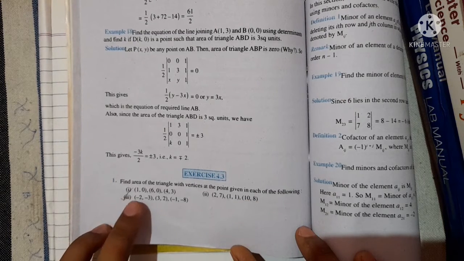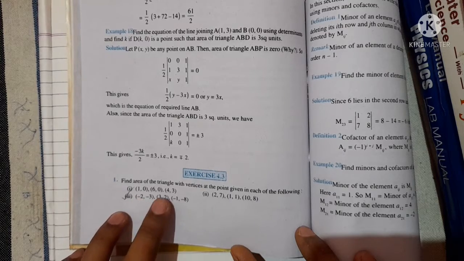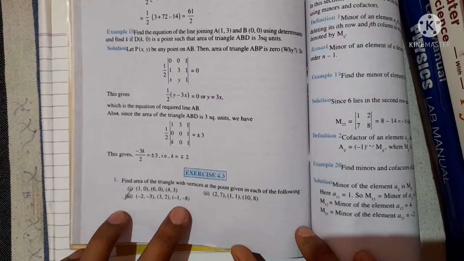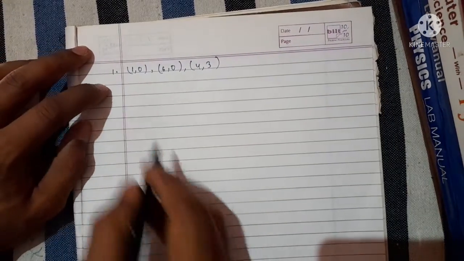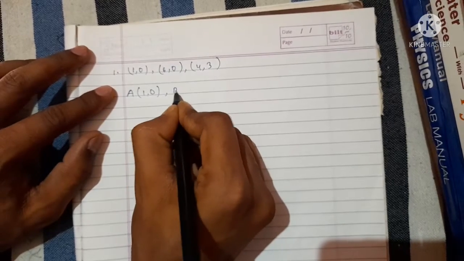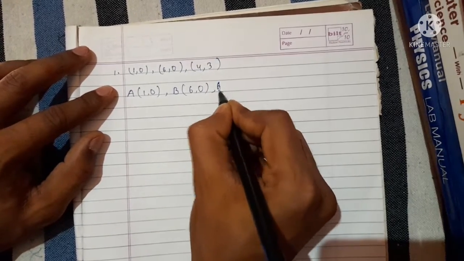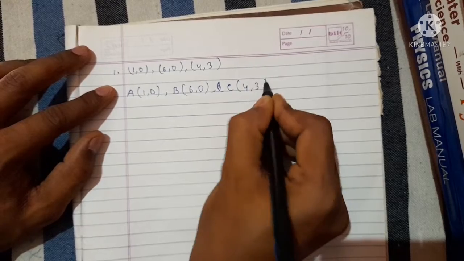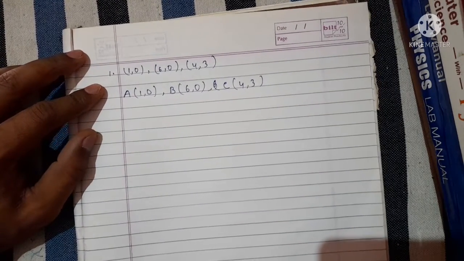Question one: the vertices are given as 1, 0, 6, 0 and 4, 3, right? So let me write the question for you and then I'm going to explain. We can assume these as vertices: A (1, 0), B (6, 0), C (4, 3). Now we can form a determinant using this data.